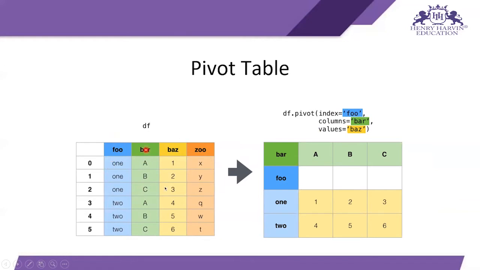So for columns, you just type columns is equal to the column name, and for the values you want to fill in, you type values is equal to the column name. While making the pivot table, we also skip some columns. There aren't any restrictions like having to consider the whole data frame or the whole data set.